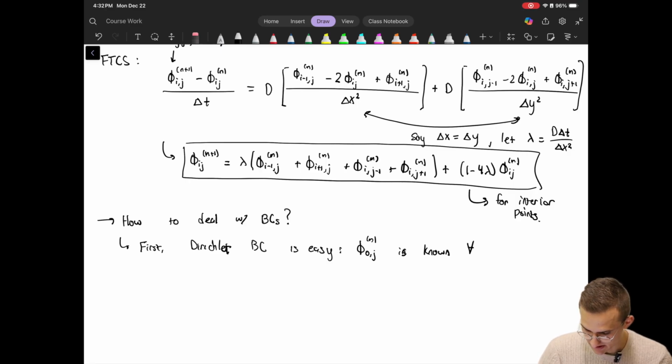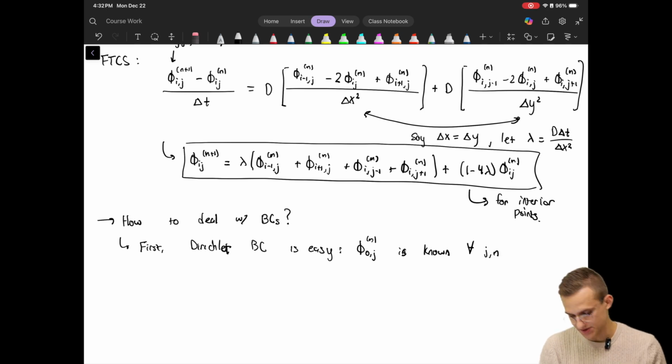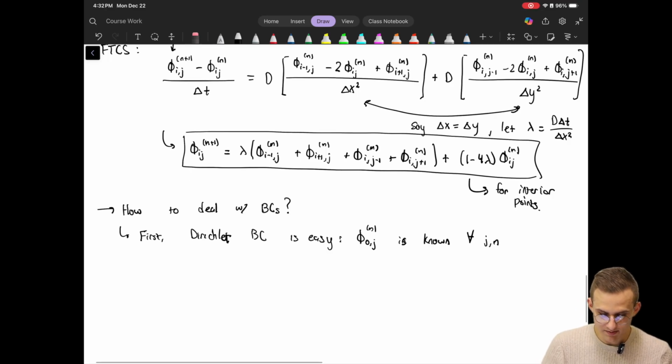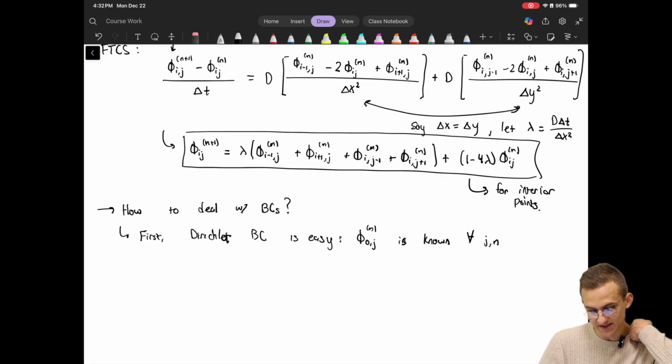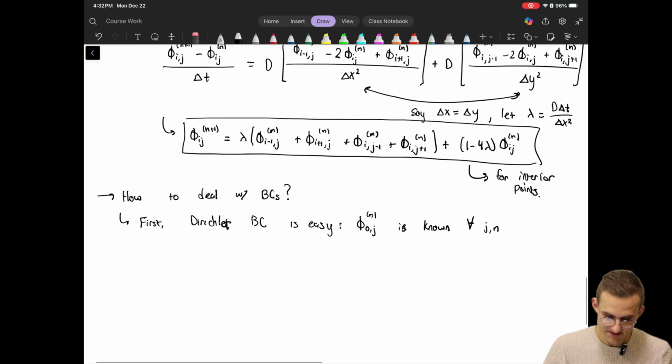That's what the upside down A means. So we already know that. That one just sets the value. For the Neumann boundary conditions, we actually use central order finite difference and backward difference formulae to maintain second order accuracy in space. So what do I mean by that is we do this.